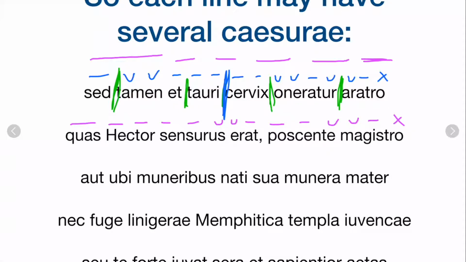But I actually think the main caesura on this line is here after 1, 2, 3, 4, 5, 6, 7. That's the main caesura. Even though there's one after 5.5, that's where the punctuation is.